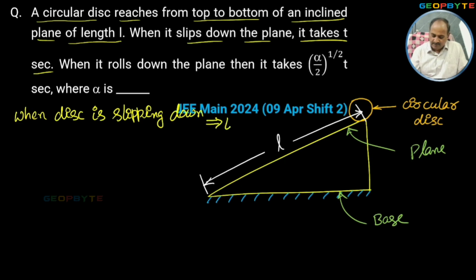When it rolls down the plane, then it takes alpha by 2 whole power 1 by 2 times the t seconds.